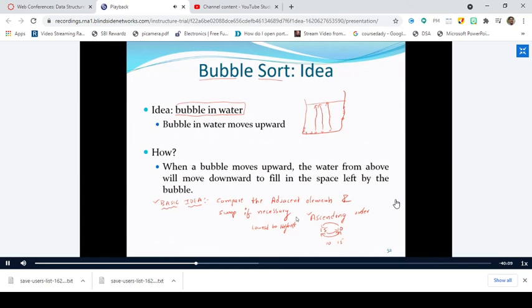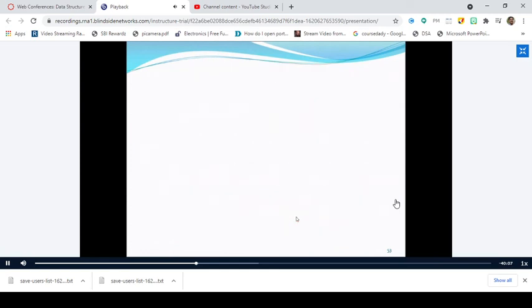What are the steps we need to follow for the sorting algorithm? The basic steps remain the same. The first thing is you have to declare an array, and then the second step is you have to prompt the user to enter the size of the array. Step 3 is you have to prompt the user to enter the number of elements into the array. And what is step 4?